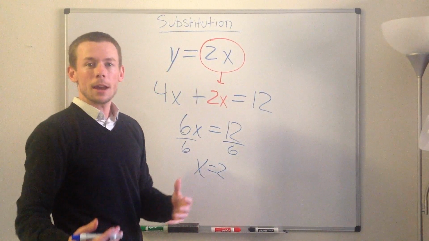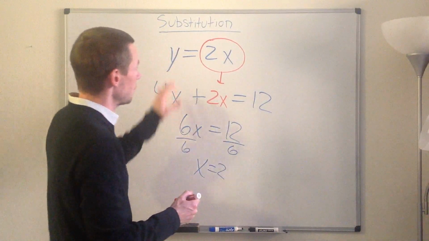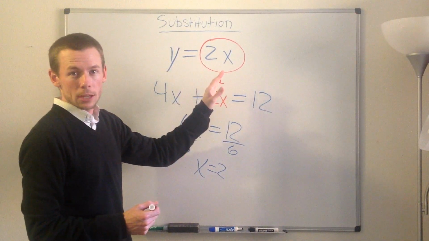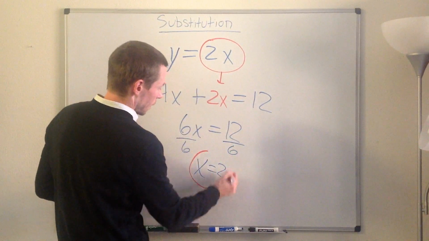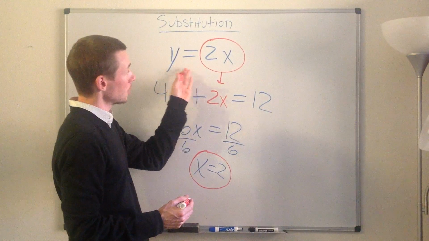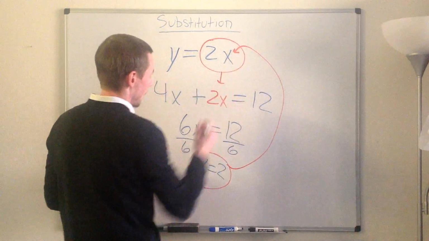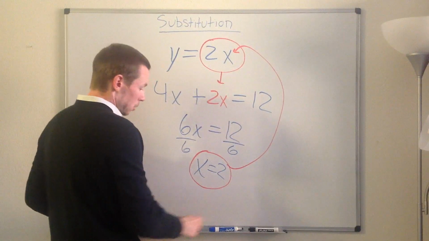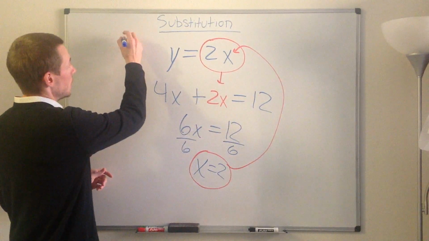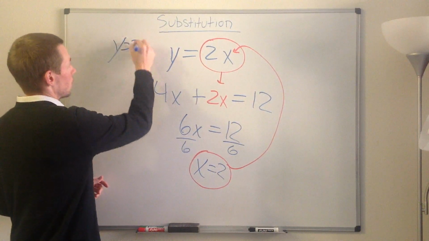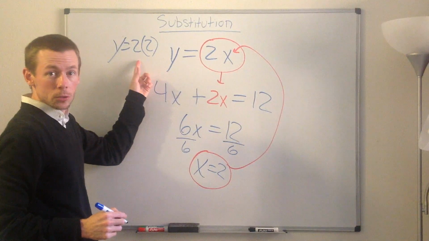Okay? Now that I found x, I can take that value and plug it back into either of these equations and find y. Well, I think it might be easiest to go to this first one right here. Plug 2 in for x, and so what I would get would be y equals 2 times 2.